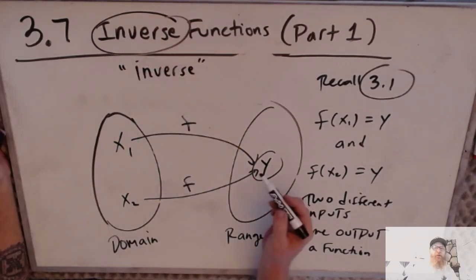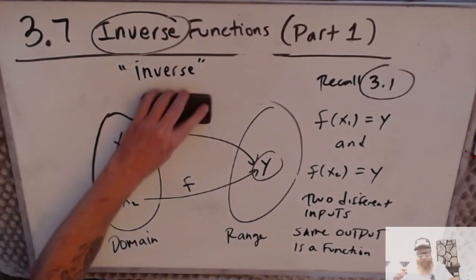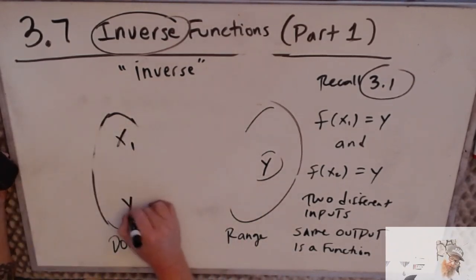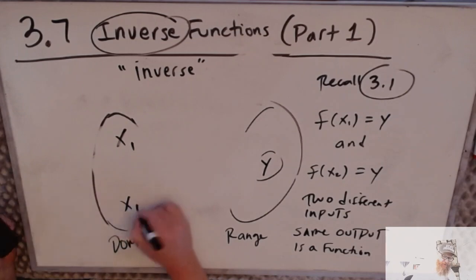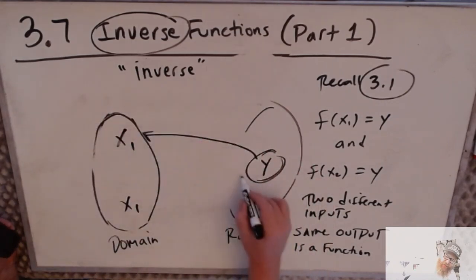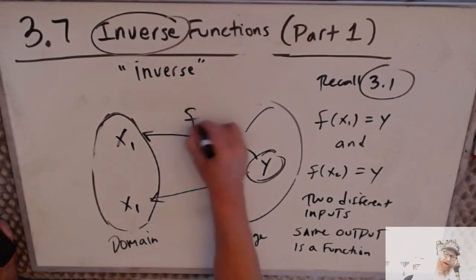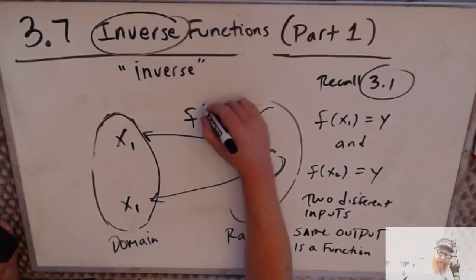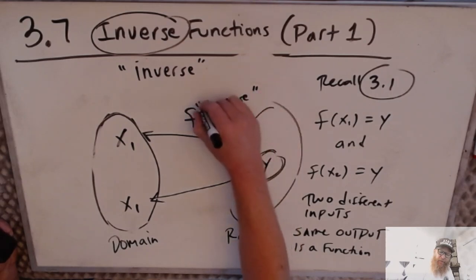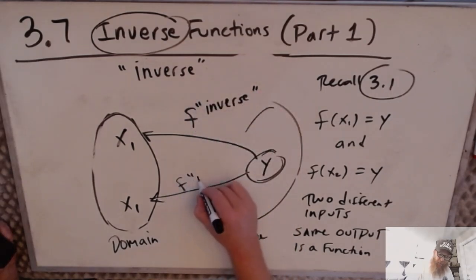An inverse function essentially reverses the order and takes the y values and sends them back from whence they came.